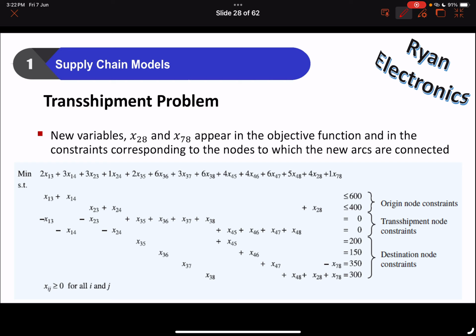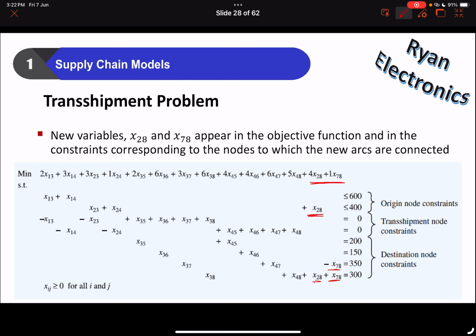Okay, so we can see the change. We now have x28 and x78 up here in the objective function, as well as in our linear programming model.